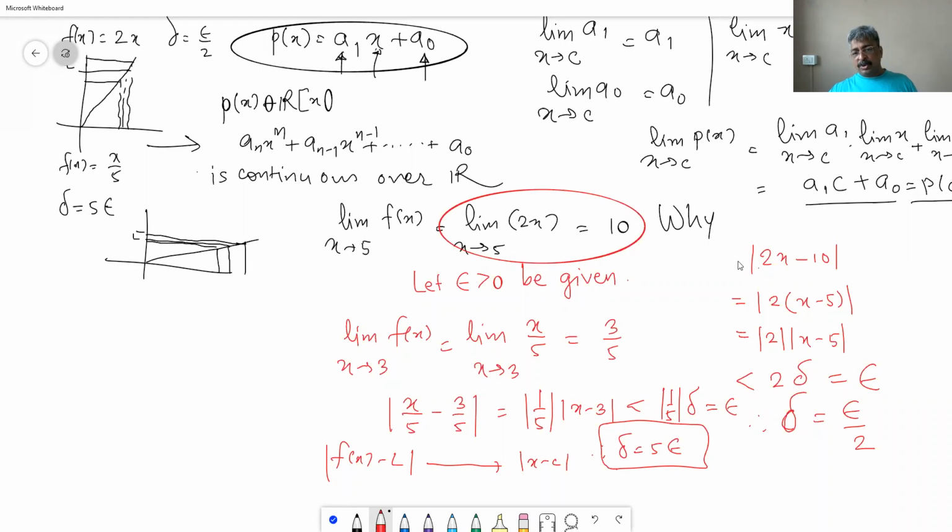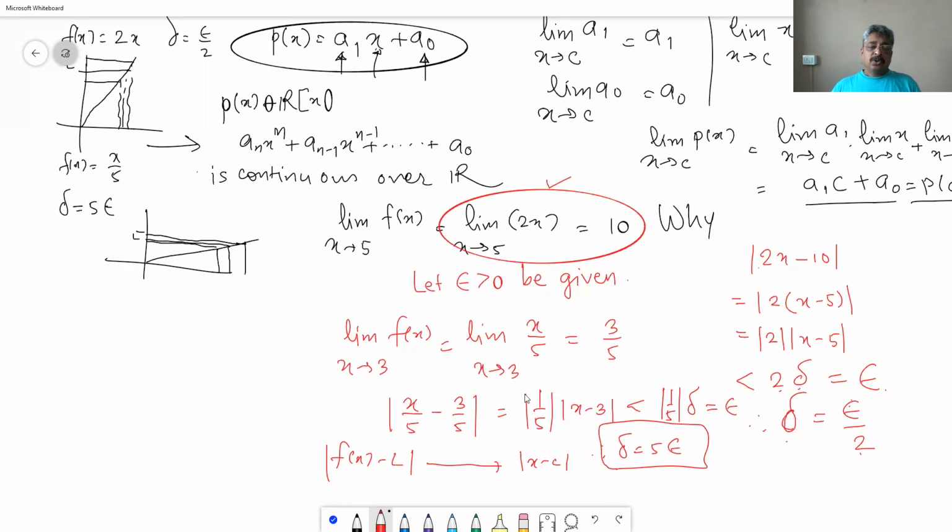So we consider epsilon greater than 0 to be given. In 2x minus 10, 2 comes out common, and this quantity should be less than delta. So 2 delta is equal to epsilon, therefore delta is equal to epsilon by 2. So if we take delta equal to epsilon by 2, for every epsilon we will get the definition of the limit satisfied, and therefore this limit is 10, something like that.